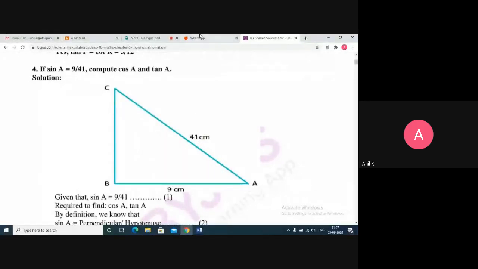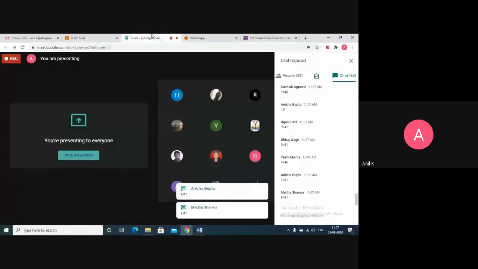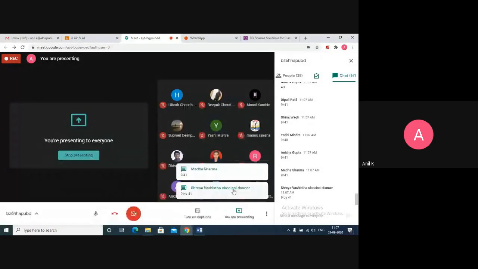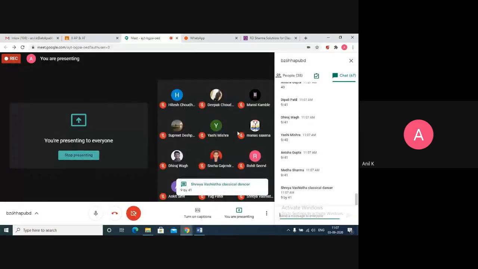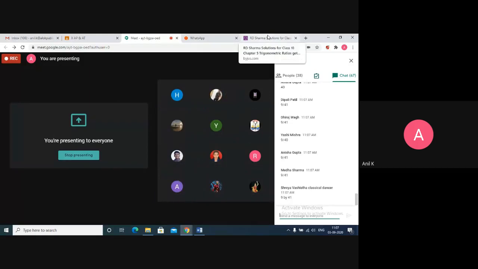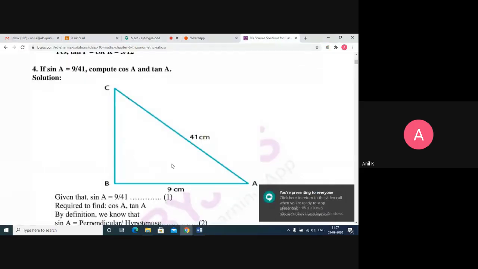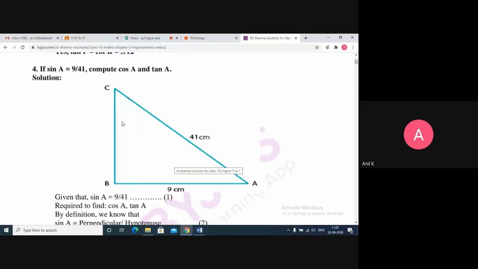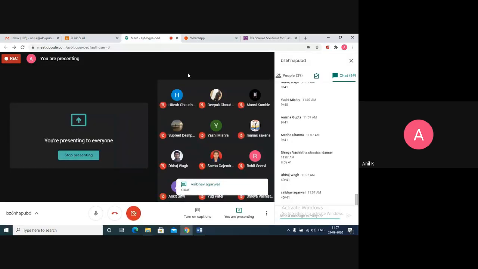What about tan A? Tan A is BC upon AC. See the diagram. Tan A will be BC, which I got as 40, so it will be 40 upon 41.